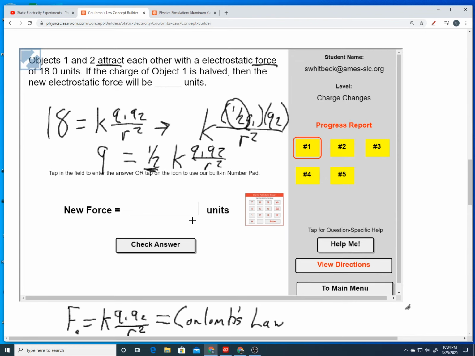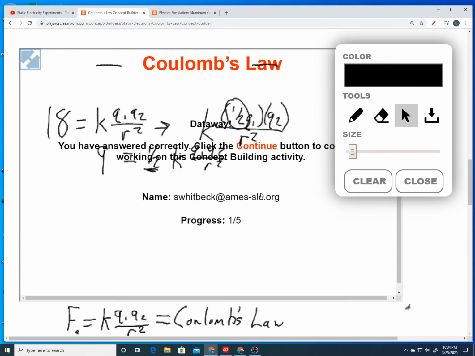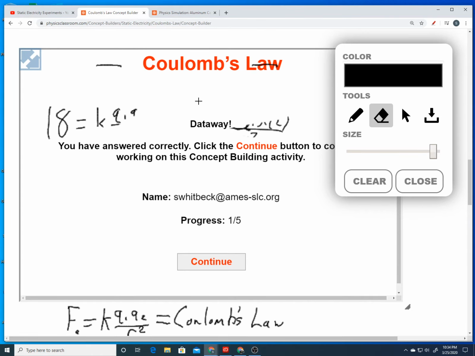So I'm going to plug this in and we'll check our answer. Plug in 9, check answer, and good job us. I think you remember seeing all that before.